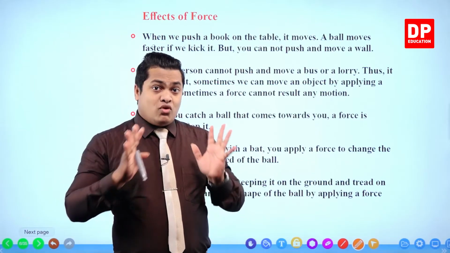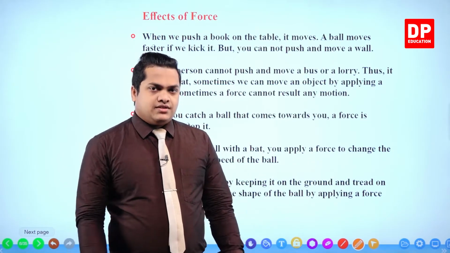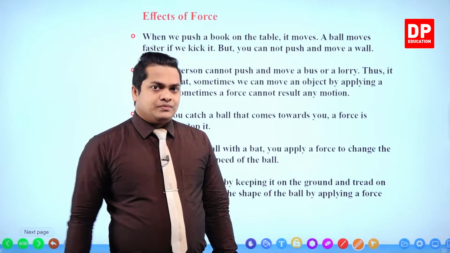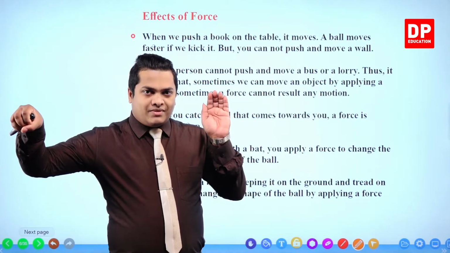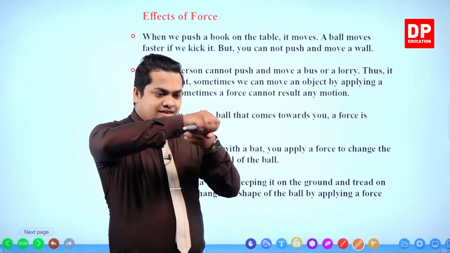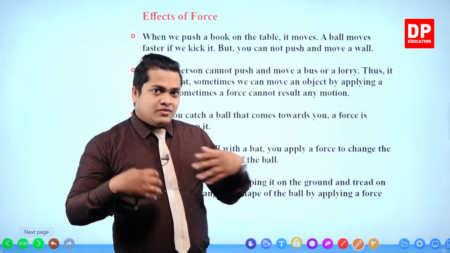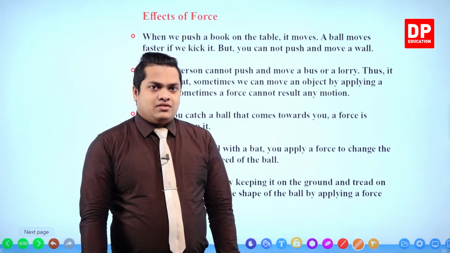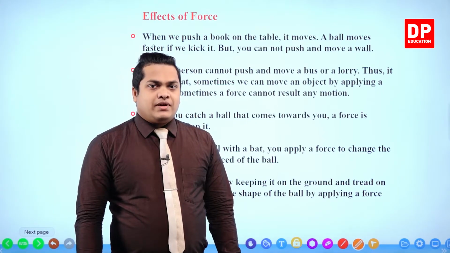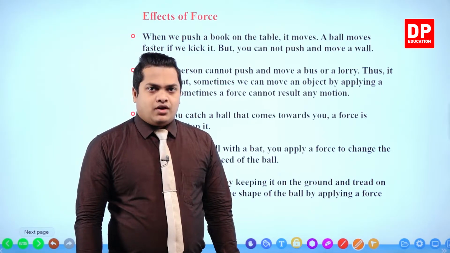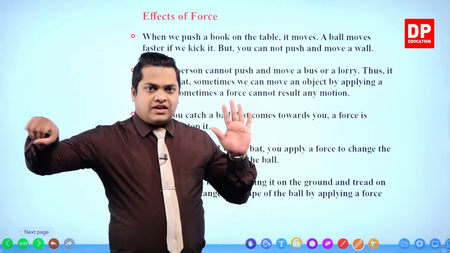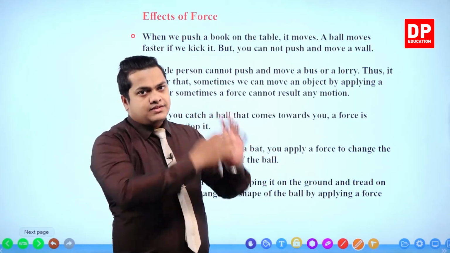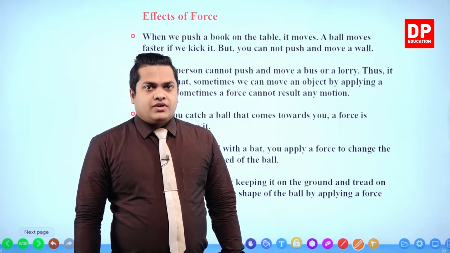So it would travel even faster than the speed at which the ball came to you. The ball is coming like this. You are kicking it like this. So it's moving even faster. That's how we pass a football to a different person, right? You are kicking it like this to move the object to a different location.